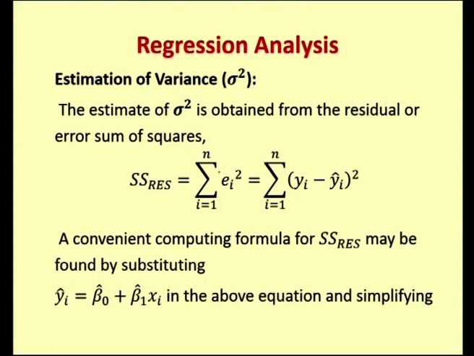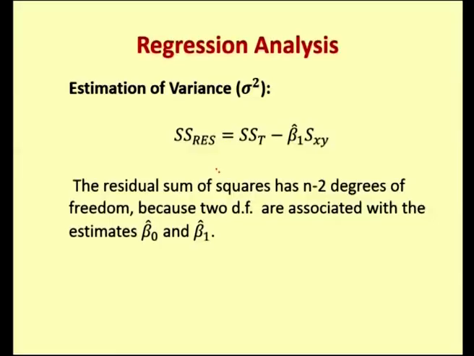A convenient computing formula for SS RES may be found by substituting y_i cap equal to beta naught cap plus beta 1 cap x_i in the above equation. See here, beta naught cap and beta 1 cap are nothing but least square estimators for the intercept and slope, and by simplifying this equation we get the sum of squares due to residual error as SST minus beta 1 cap SXY.